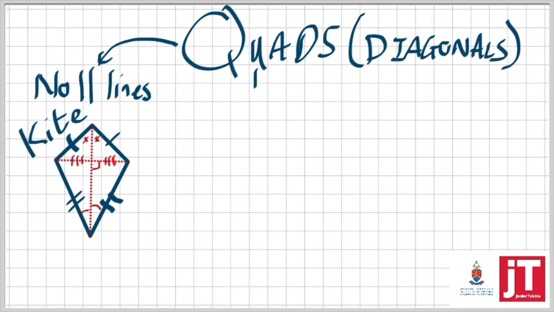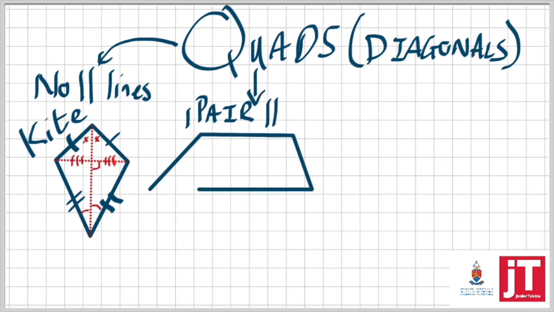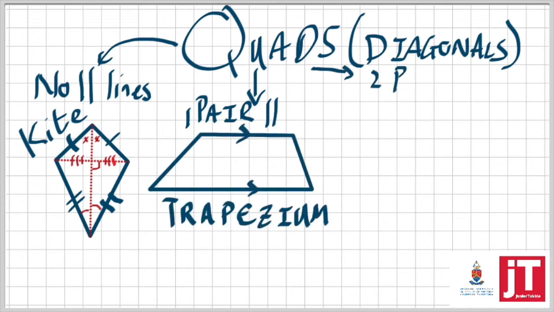Next up, I look at my one pair of parallel lines. Well, there's nothing that really happens when we introduce diagonals in trapeziums. It really doesn't do much. So I'm going to move on to two pairs of parallel sides, those quads.